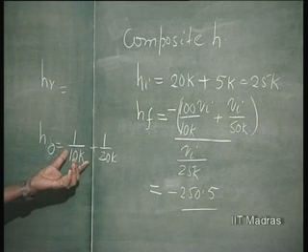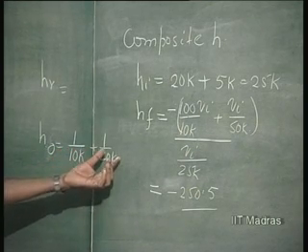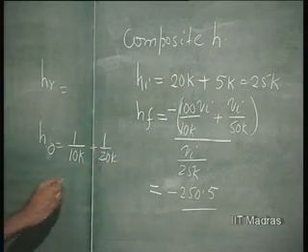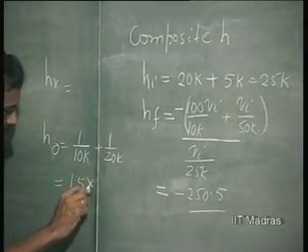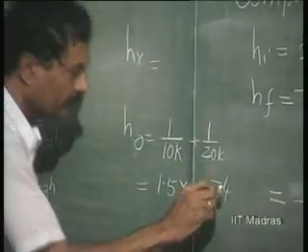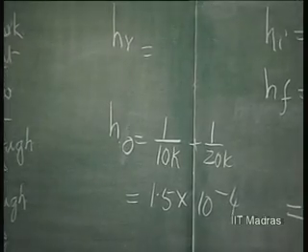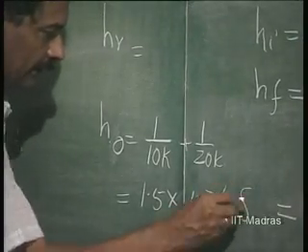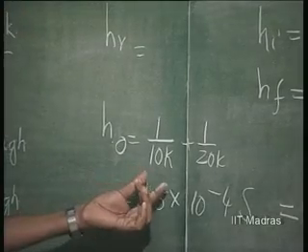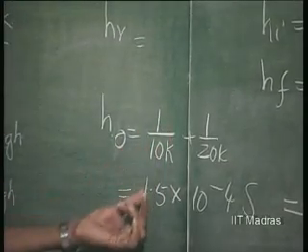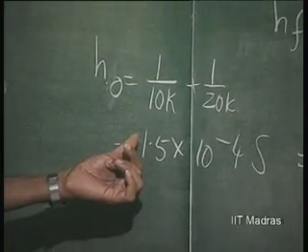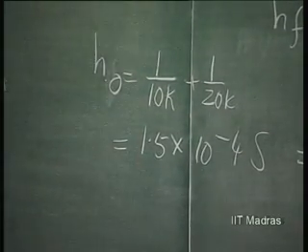So, this is 10 to the power minus 4, this is again 0.5 into 10 to the power minus 4, which is 1.5 into 10 to the power minus 4. That many Siemens.